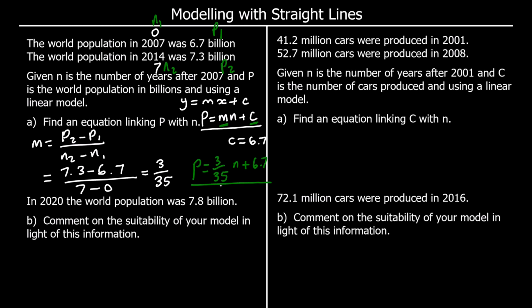In 2020, the world population was 7.8 billion. Comment on the suitability of your model in light of this information. 2020 would be 13 years. So when n is 13, we can use the model to predict the population. So the population would be 3/35 of 13 plus 6.7.